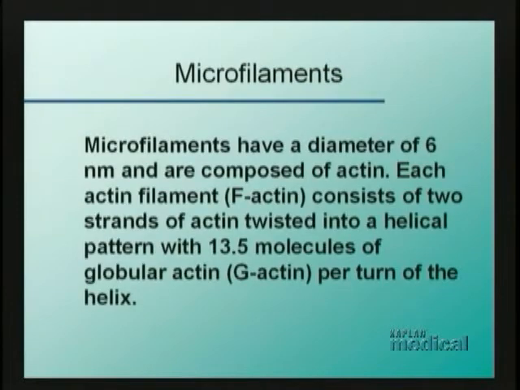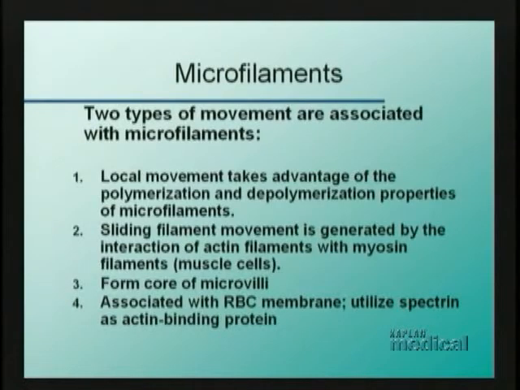Finally, microfilaments are the smallest of the cytoskeletal elements, and as we said, they are largely composed of actin. They're fundamentally two different forms of actin, F-actin and G-actin, that are twisted together in a helical pattern. And fundamentally, actin microfilaments are involved in a couple of processes. One is local movement inside the cell itself.